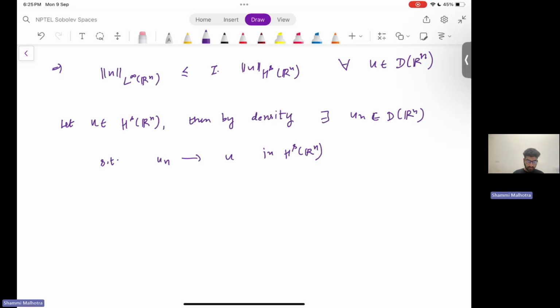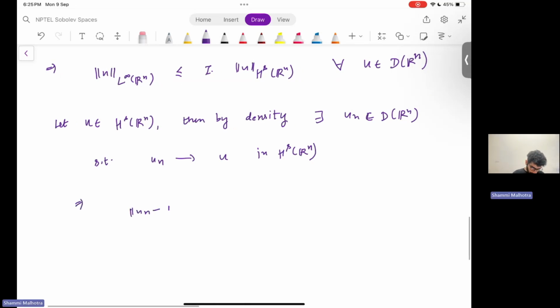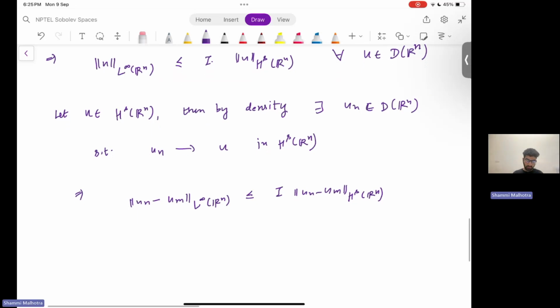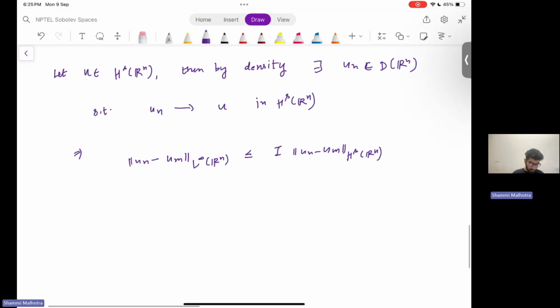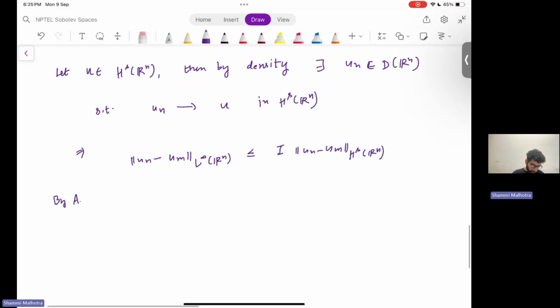What this basically gives us is that the norm of u_n minus u_m in L infinity is less than some constant times the norm of u_n minus u_m in H^s. It is actually a Cauchy sequence in the L infinity norm, and with the help of Arzela-Ascoli, we eventually get this convergence in the L infinity norm. Since the limiting sequence will again be a continuous function, by Arzela-Ascoli we have the result.